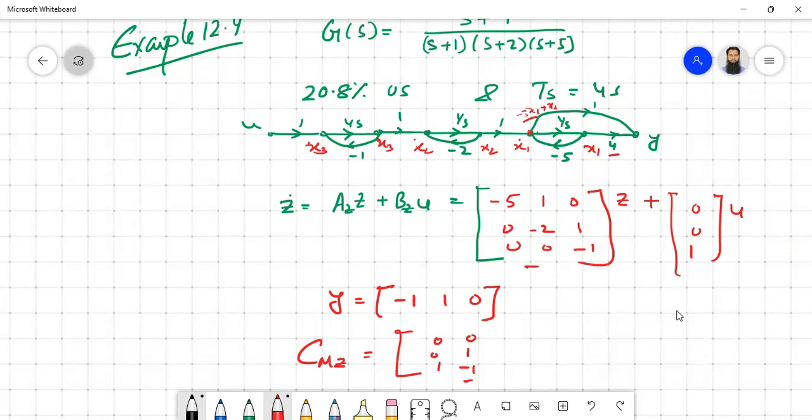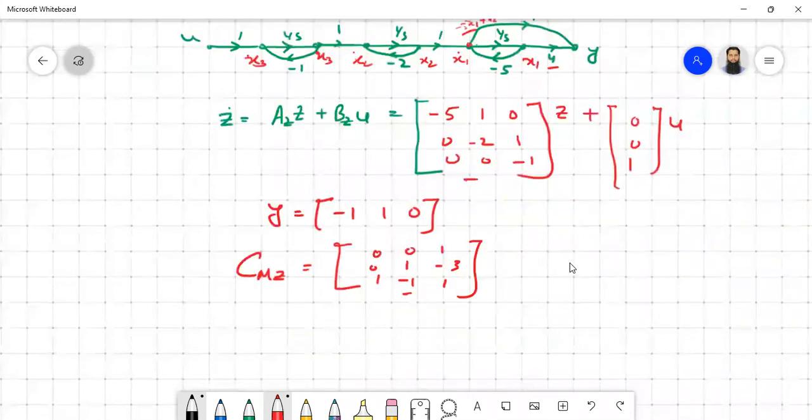And that will give you approximately 1, minus 3, 1. Okay, so how we have figured it out based on Bz, Az Bz, and Az square Bz. From that one, we figured it out.